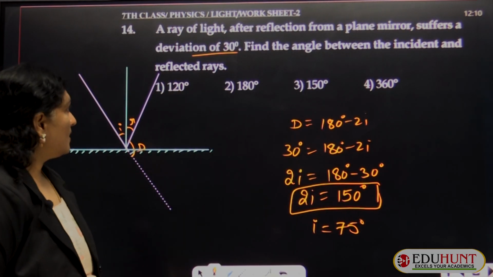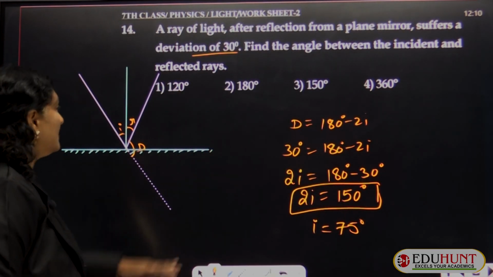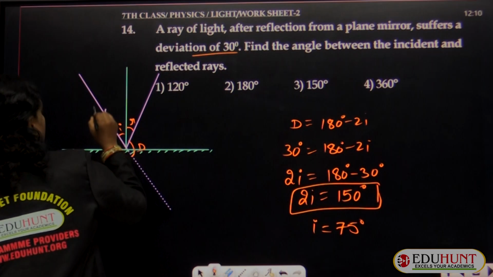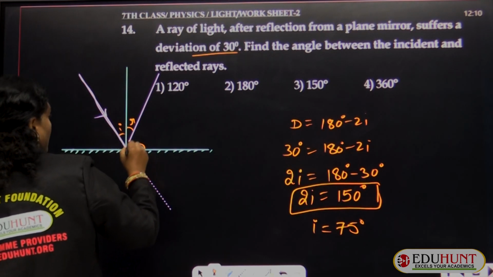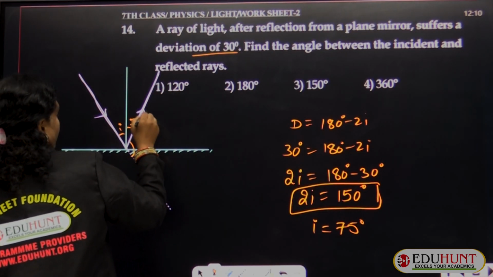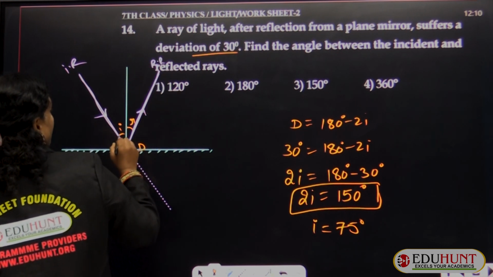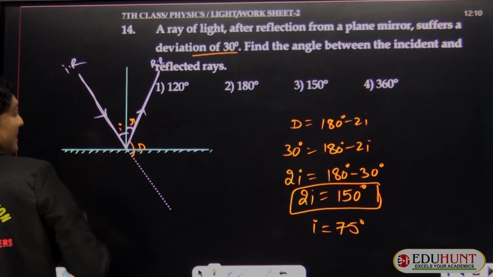You are asked to find the angle between the incident ray and reflected ray. This part is your incident ray, and this part is your reflected ray. You are asked to find this total value, that is i plus r.